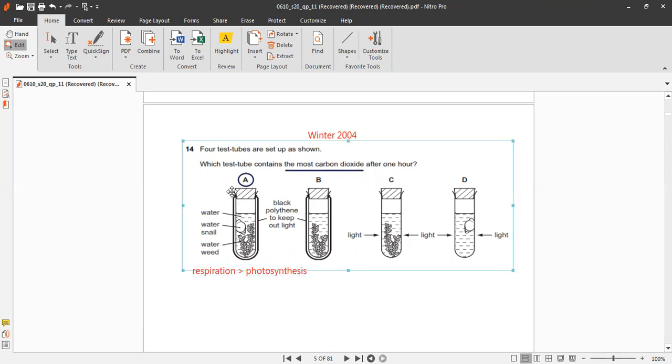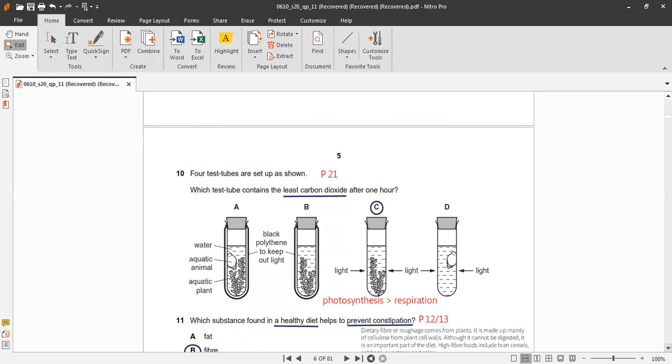Because here there is black polythene or foil to keep out light. Here, no photosynthesis, but the rate of respiration increases. So here, the percentage of carbon dioxide increases.